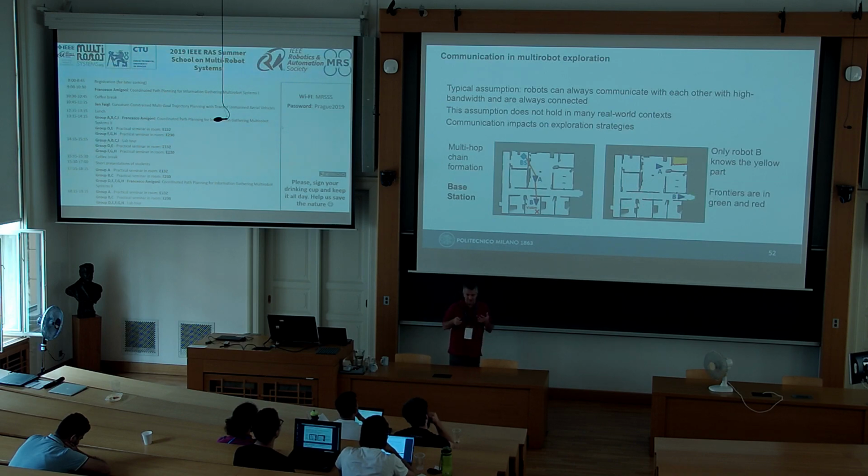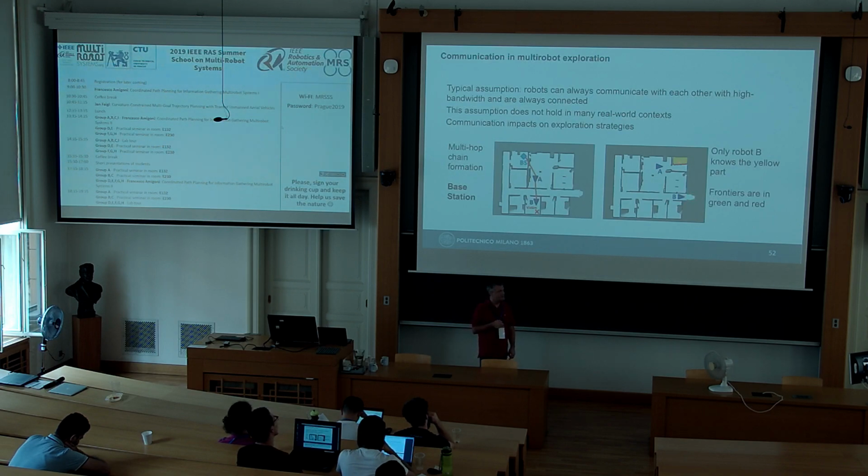problem, just to tell you that if communication is not always available, then we can have very strange situations. So let's assume now that robot A and robot B do not communicate with each other. This environment is partially explored. We have two frontiers, one in red here and one in green here.